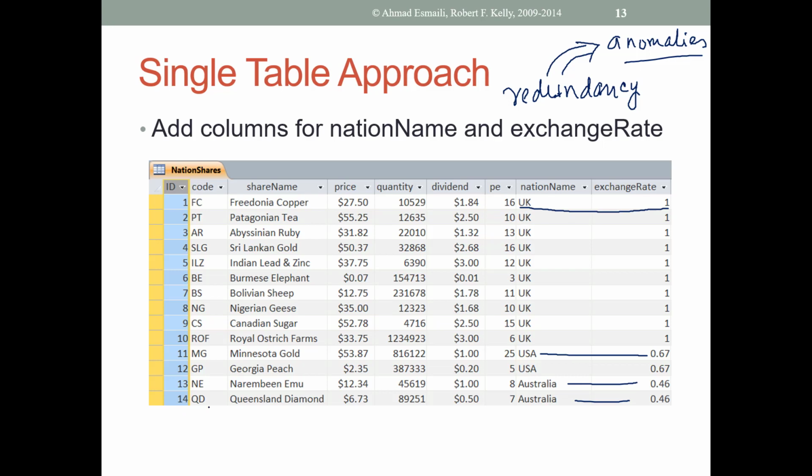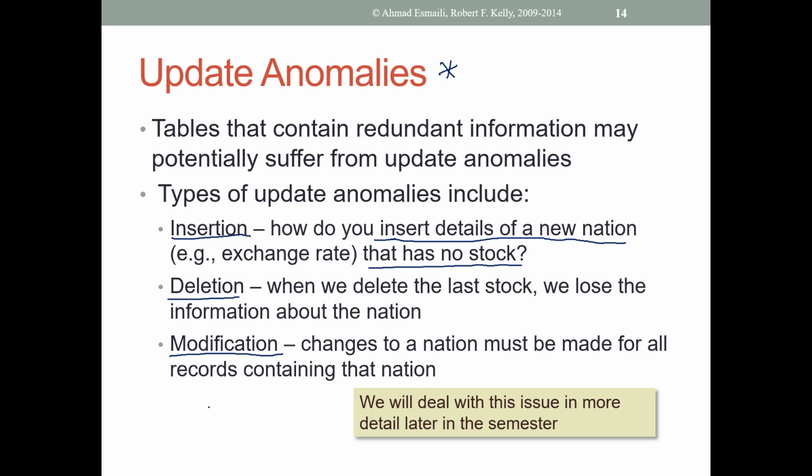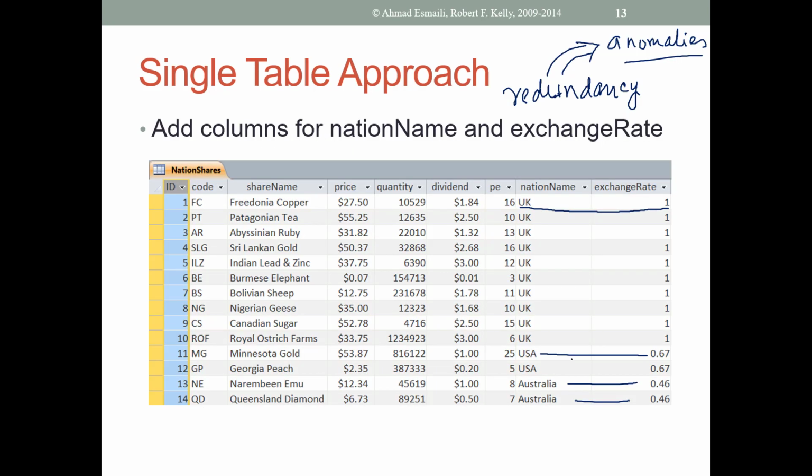So when you want to insert a record in this table for a country that does not have any share, it's impossible to insert that. That is a problem in insertion. You cannot insert a country that does not have any share. That is called insertion anomaly. I hope you got the message why it's not possible.